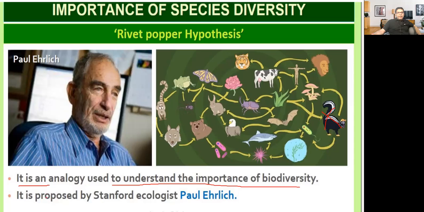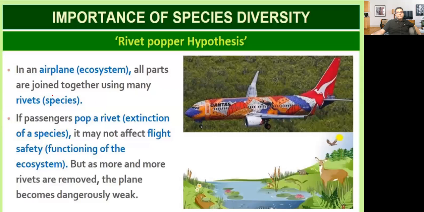It was proposed by Stanford ecologist Paul Ehrlich. He compared the ecosystem to an airplane, where all parts are joined together using many rivets, here species, like screws. All points are connected with species.